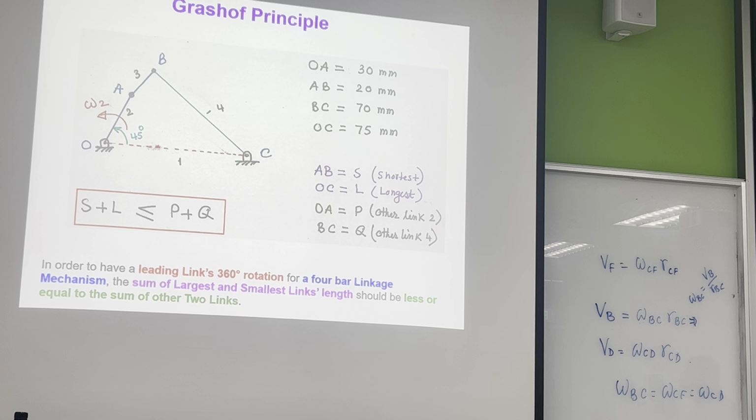So in simple terms, you will always be taking the largest one and you measure it. Which one is the smallest, which one is the largest. You don't need to guess. You can see it. So you add them up, and that will be on the left hand side. If that is less than or equal to the other 2 links, then it means your one link, which is the connection, will have 360-degree rotation. Clear to everyone? In your assignment, you actually did that testing. Many of you forgot about it.